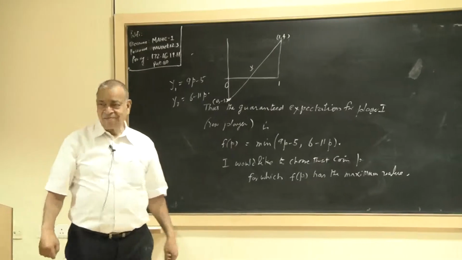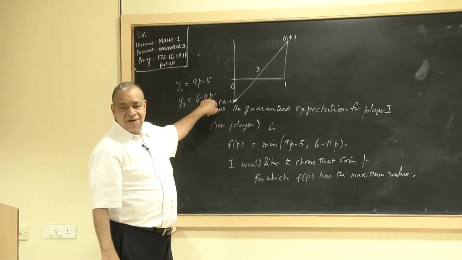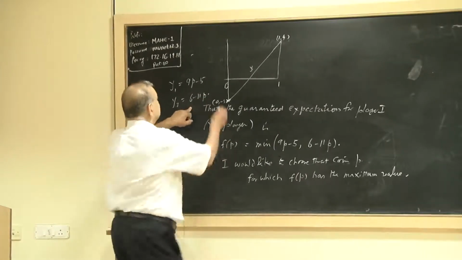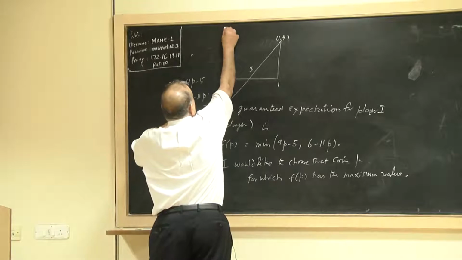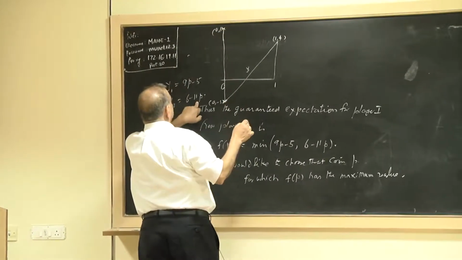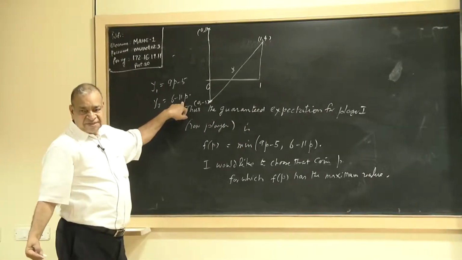Agree? Now let us plot this function y2. When I put p equals 0, this one is 6. When I put p equals 1, this becomes minus 5.